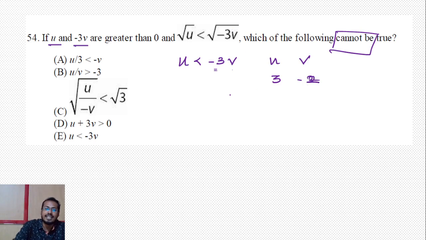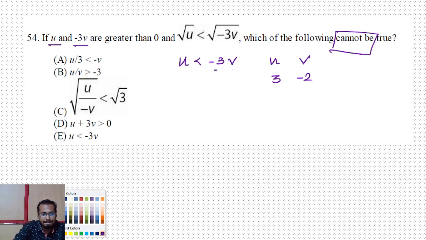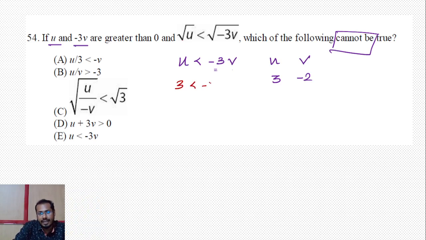Now let's check using these numbers. I am taking negative 2 for v. Look at this: u, which is 3, is greater than negative 3 times negative 2. Negative and negative become positive, that's why I am taking v as negative. 3 times 2 is 6, and here it was 3. So my numbers satisfy the given equation: u is 3 and v is negative 2.